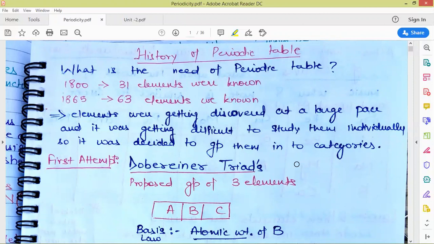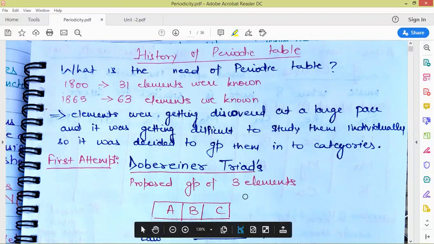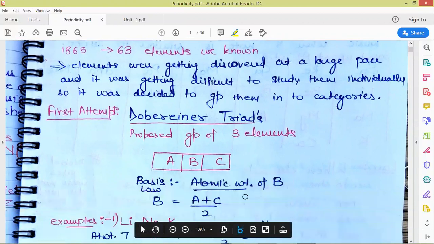For this, the first attempt was made by Döbereiner. Döbereiner was a scientist who arranged the elements in the form of triads, that is, groups of three.